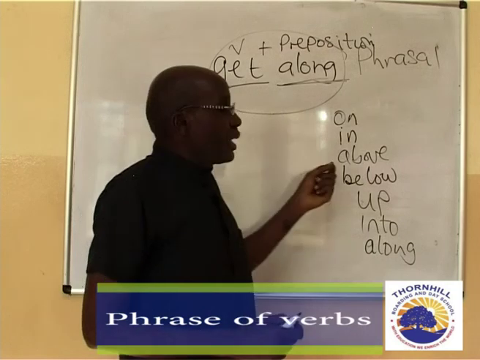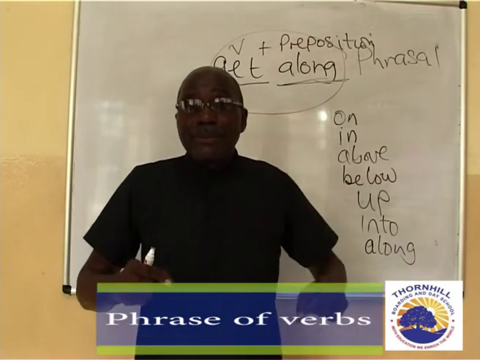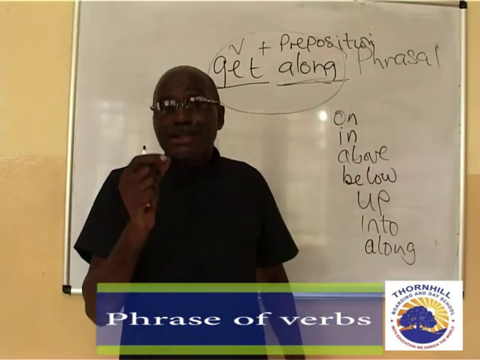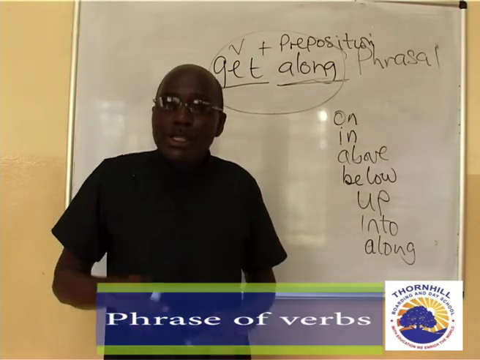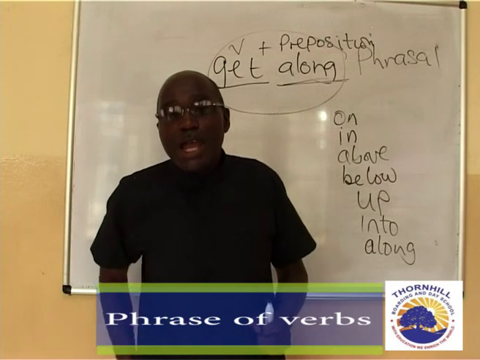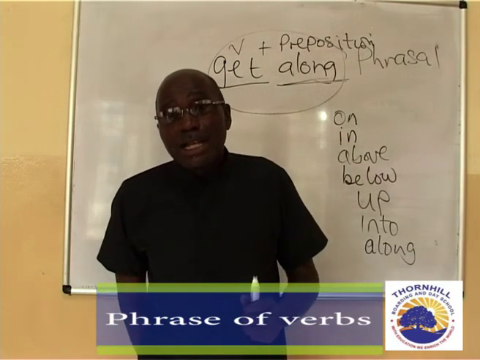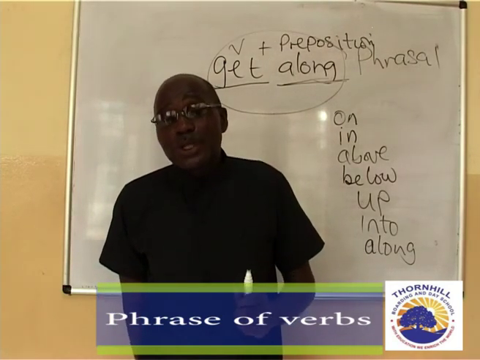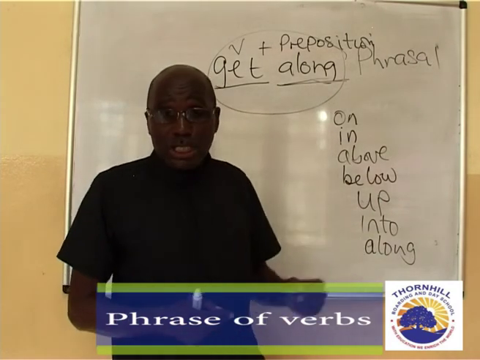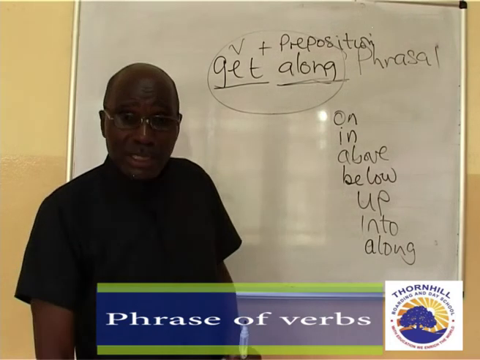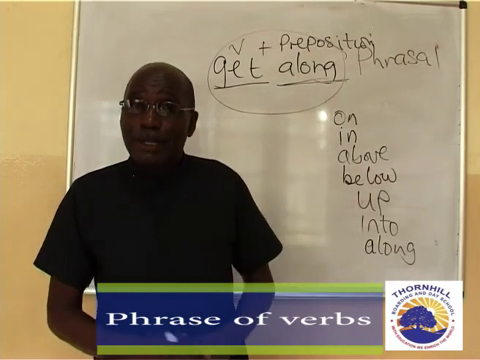I am sitting on my chair. Sitting is a verb, and on is a preposition, which shows the position where I am sitting. Sitting is an action word, which is a verb, and on is a preposition, which indicates the position where I am sitting.